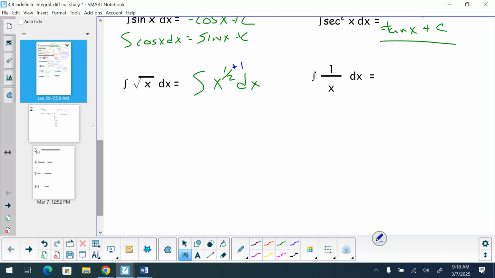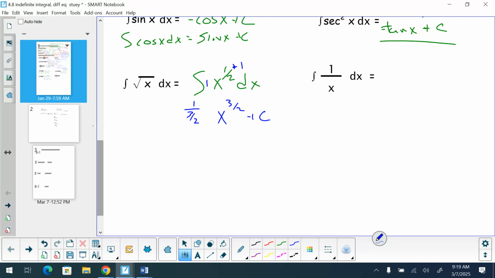Take 1/2 plus 1, you get 3/2. My coefficient is a value of 1. So we're going to have x to the 3/2. Then we have 1 divided by this 3/2, plus c. Take my coefficient, divide by my new exponent.